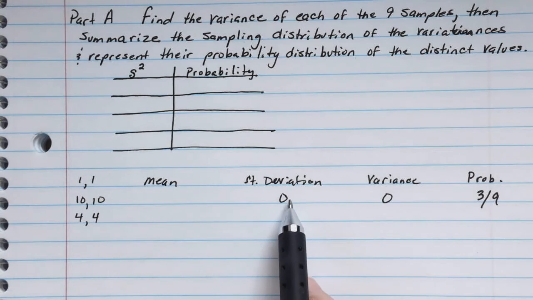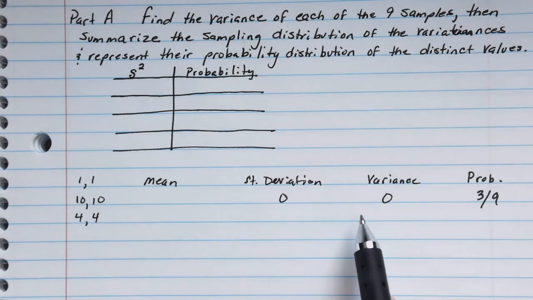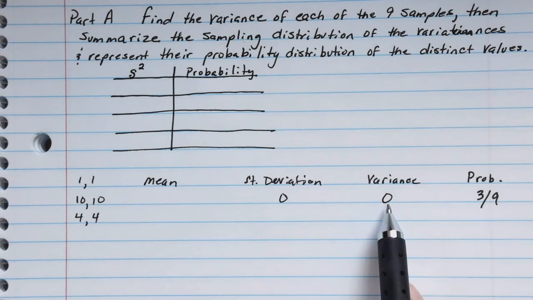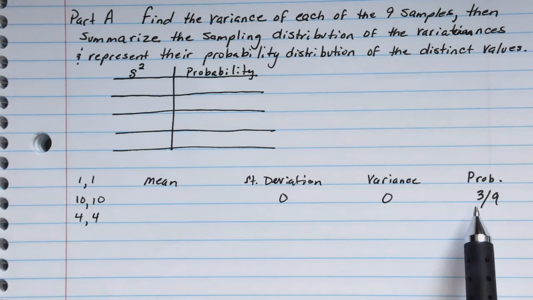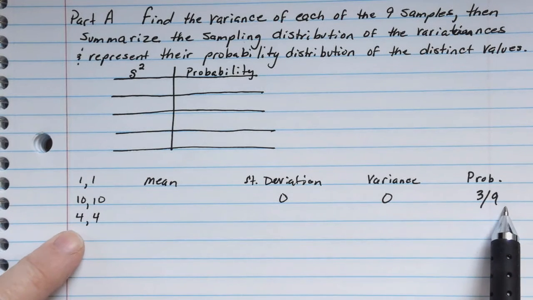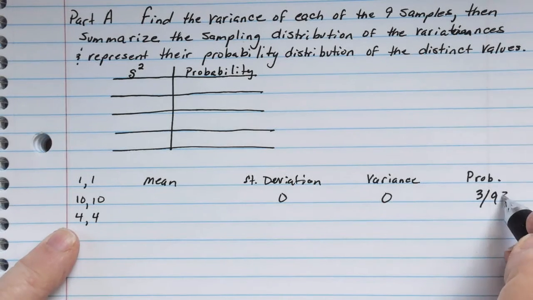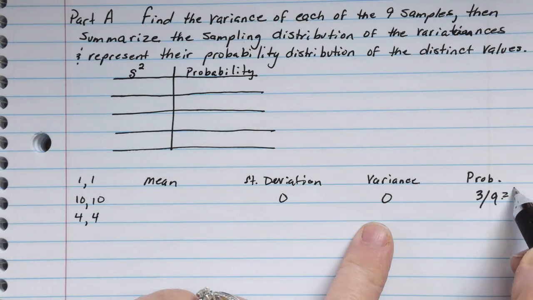So we have the standard deviation is 0, so therefore the variance is 0, and this happens with 3 of our 9 samples, so the probability of getting a variance of 0 is 1 out of 3.